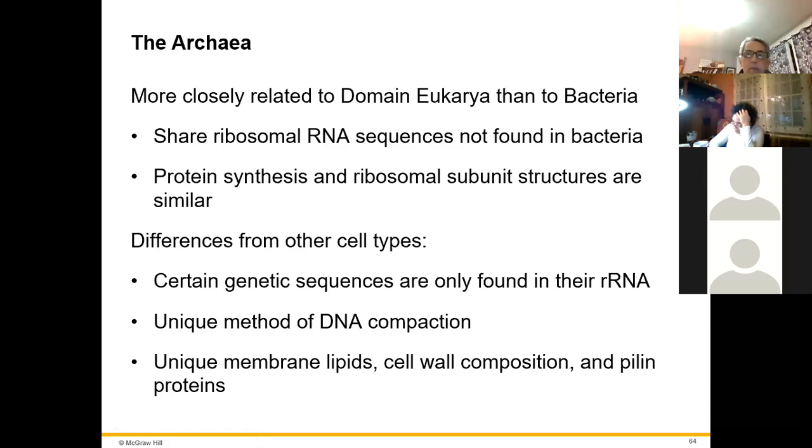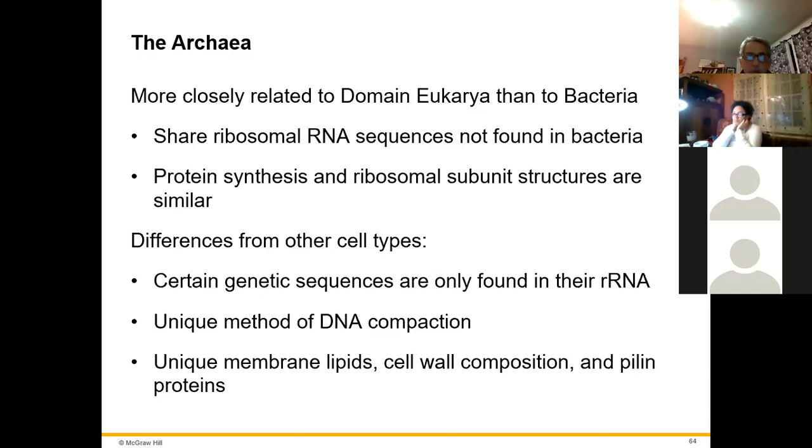The archaea are actually more closely related to us, the eukaryotes, than they are to bacteria. They have ribosomal RNA sequences not found in bacteria. Their protein synthesis and ribosomal subunits are similar to eukaryotes. There are differences with other cell types. Certain genetic sequences are found in the ribosomal RNA.